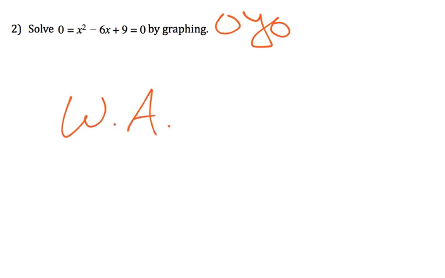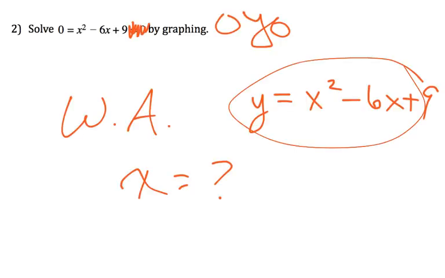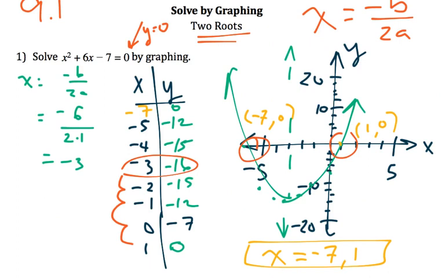Cross this out as you do this. And if you wanted to check it on Wolfram Alpha, if you just type this in, you'll get values for x. So instead of just typing that in, you might want to also type in y equals x squared minus 6x plus 9. And if you type that in, you'd be good too, because you'd get to see what the graph looked like. So this is solving by graphing using two roots.